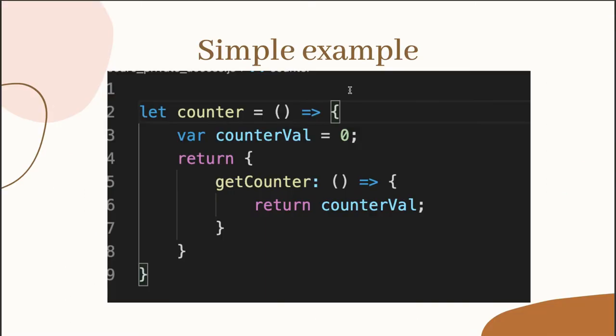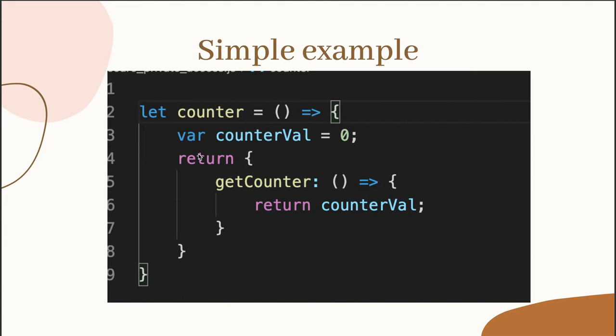Let's see an example. This is a simple example of how we can emulate a private restriction of the variables and the methods through closure. Here you have a function called counter, and it has a local variable, counter val, and it is returning a function get counter.